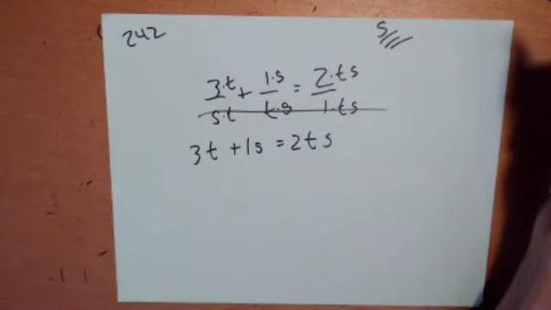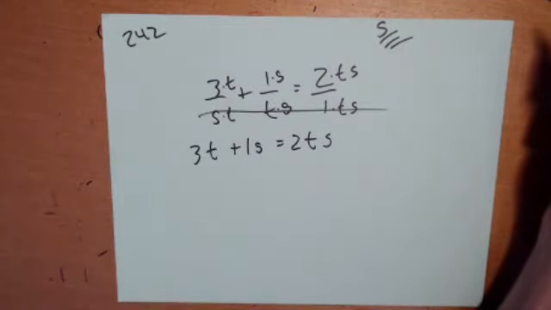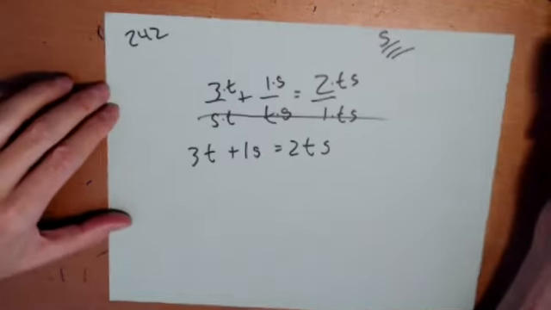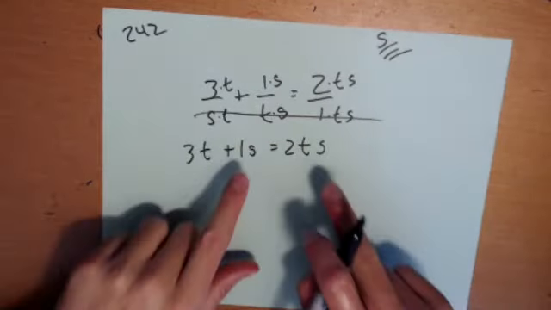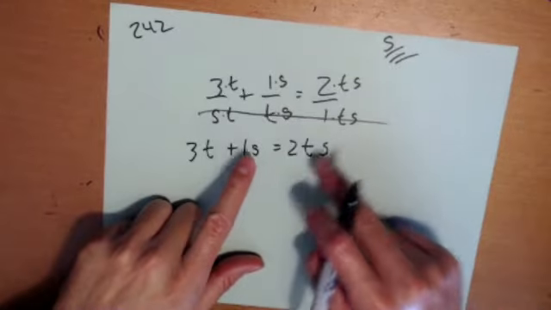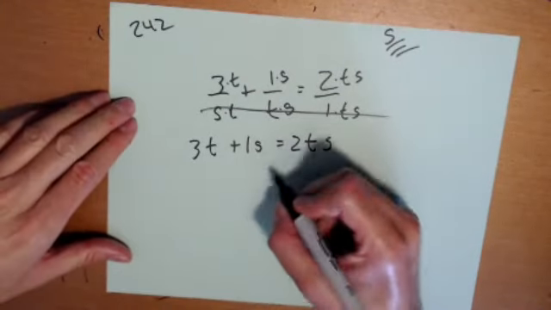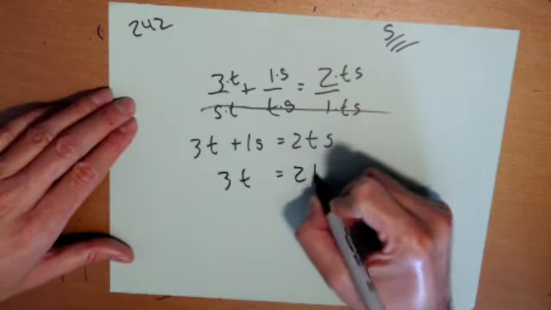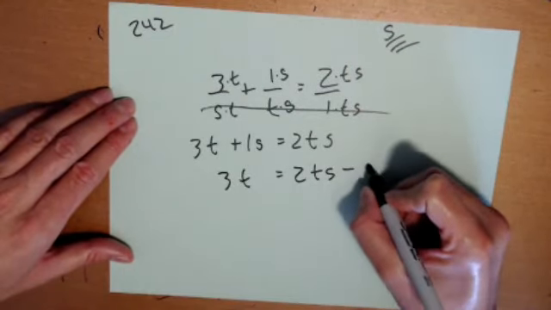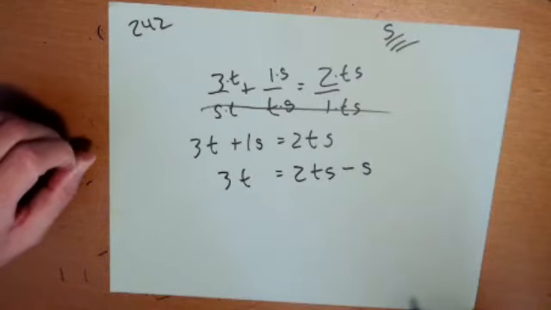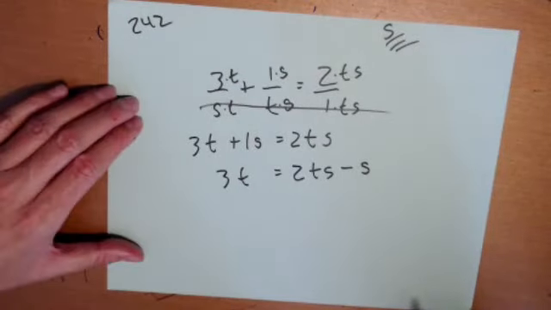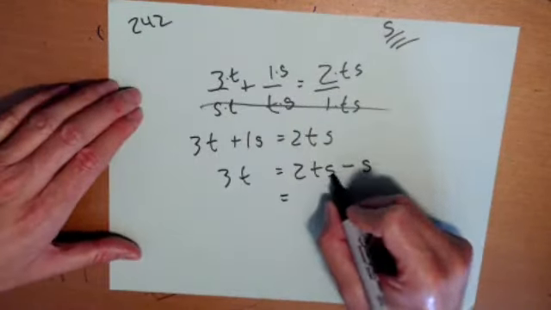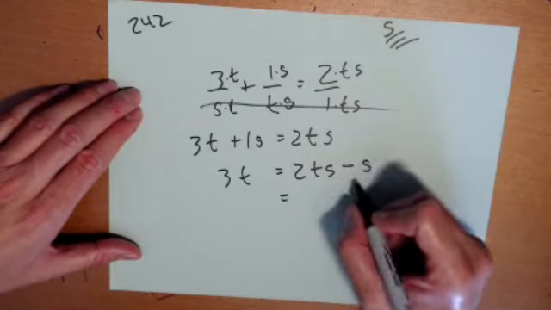Okay, we're solving for s. Last problem was a little weird, but we saw it, so we understand the game. We said we need all the s's on the same side. So that would be 3t, subtract 1s from both sides: 2ts minus s. You can't just call it an s. Usually we don't put a 1 if you don't need it. Then let's factor out the s. That's the trick we did last problem.